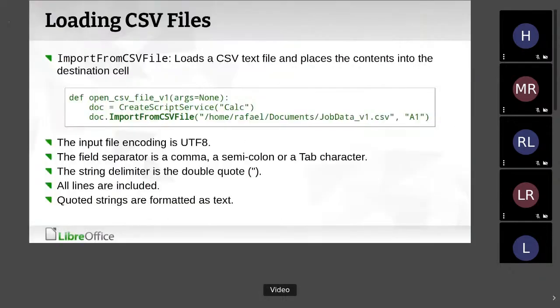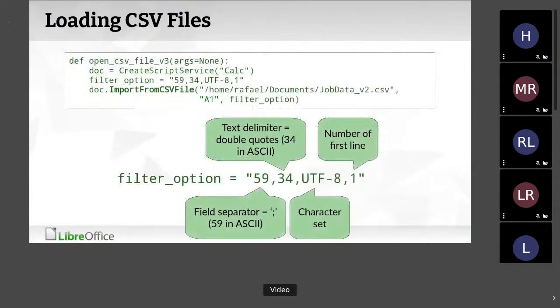And what are these settings? The settings are defined as a string separated with commas too. So we have this filter option here that can be entered as the last argument of the import CSV file.